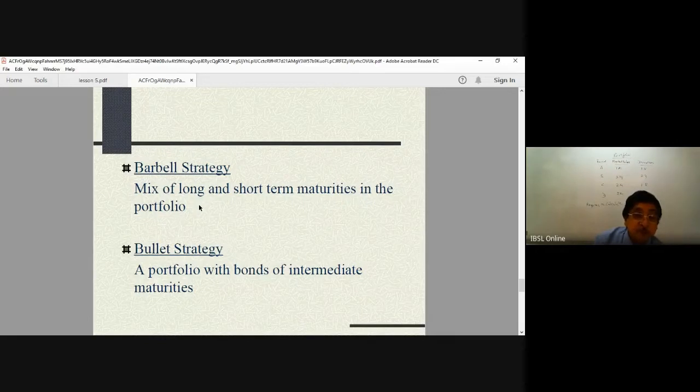Now, I showed you the way of getting the weighted duration of a portfolio. When you have a mix of long and short-term maturities, then invariably the weighted duration of the portfolio would come down to a medium level. So that gives you some control.